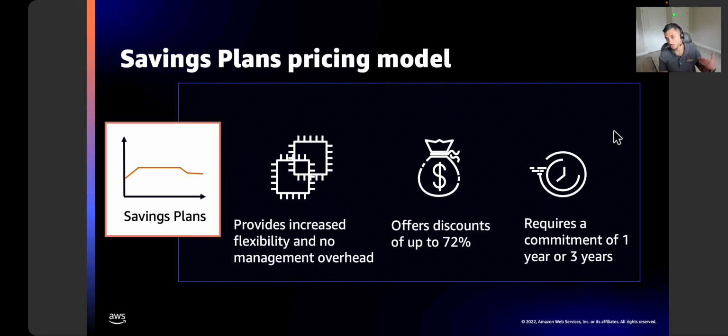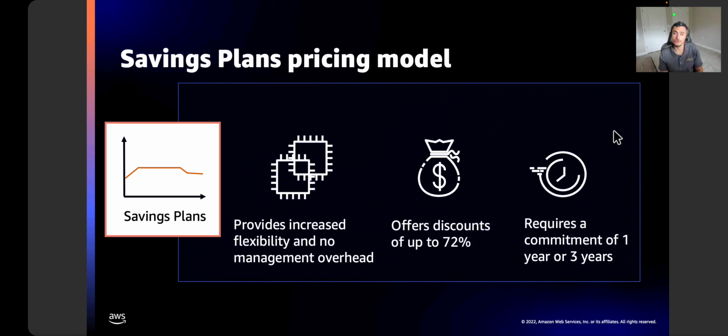So they give us more flexibility into, again, the specific instance type or the size or the region or the OS, things like that, which we don't typically have flexibility for with a reserved instance. We do with a savings plan.